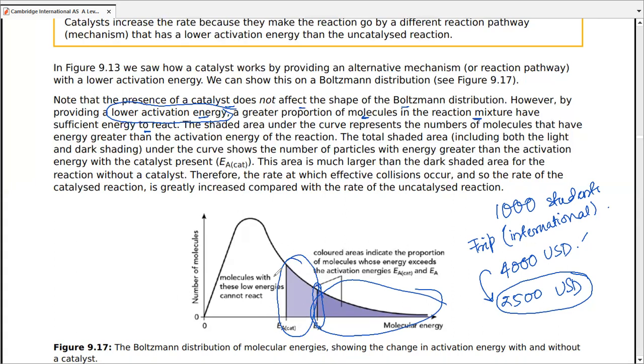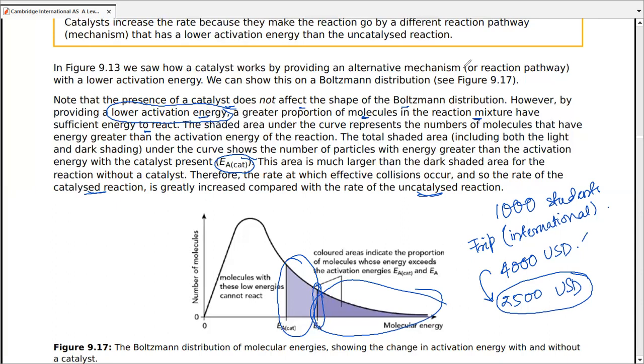This is how more molecules or particles now have energy greater than or equal to the catalyst's activation energy, and this is how we denote it. Now they can be part of those molecules which are capable of being converted into product. That's how uncatalyzed and catalyzed reactions differ from one another. I hope I make myself clear, and I hope the whole graph is clear too.